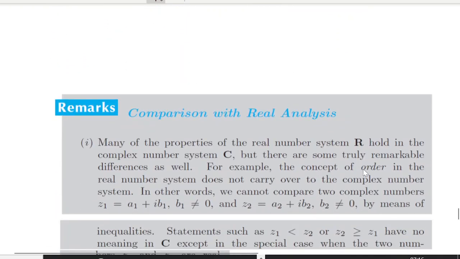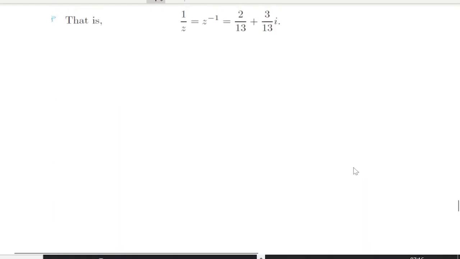Next we want to make some remarks over here. Unlike the real numbers, the first remark we want to mention is that we cannot compare two complex numbers.